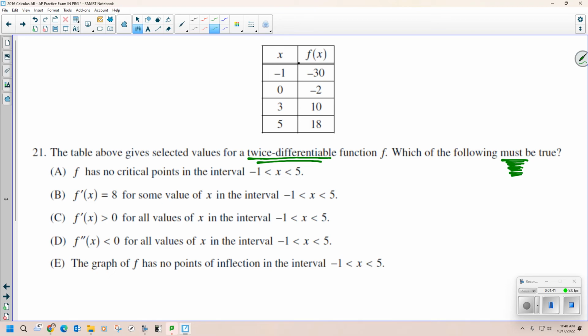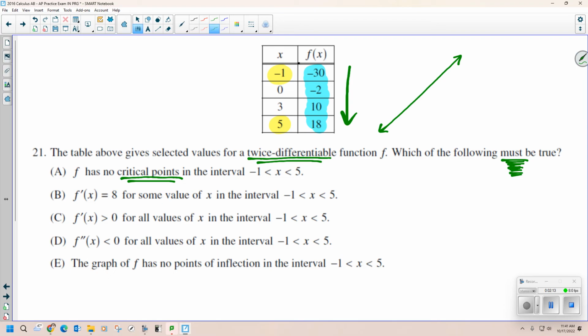A says f has no critical points in the interval from -1 to 5. Well, -1 is where we start, 5 is where we end. I look at that and I see that the function is constantly increasing. That's an increasing line that has no critical points. The critical point is where the first derivative is 0 or undefined.